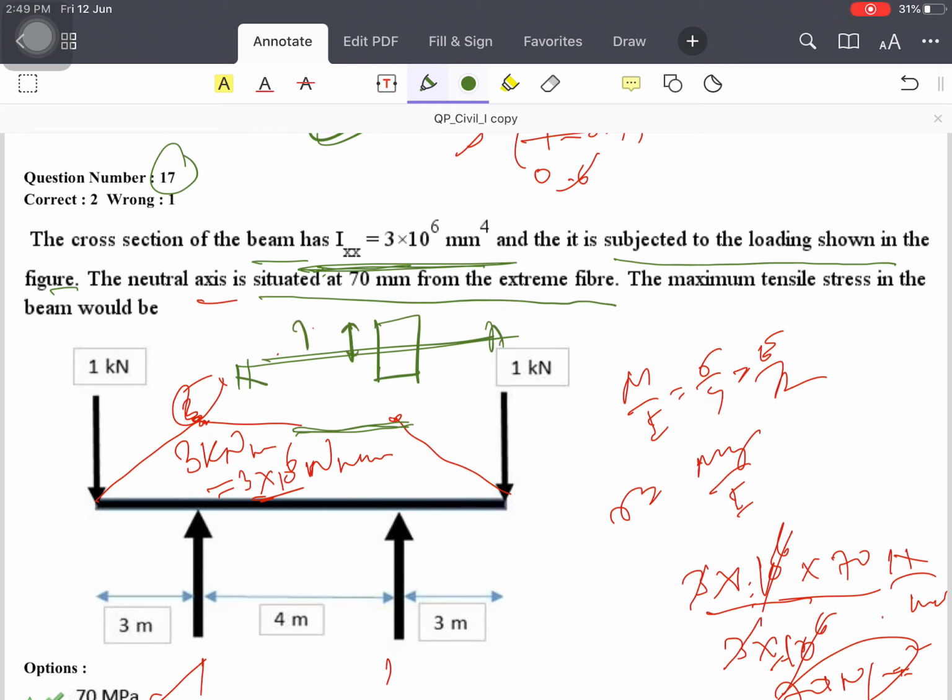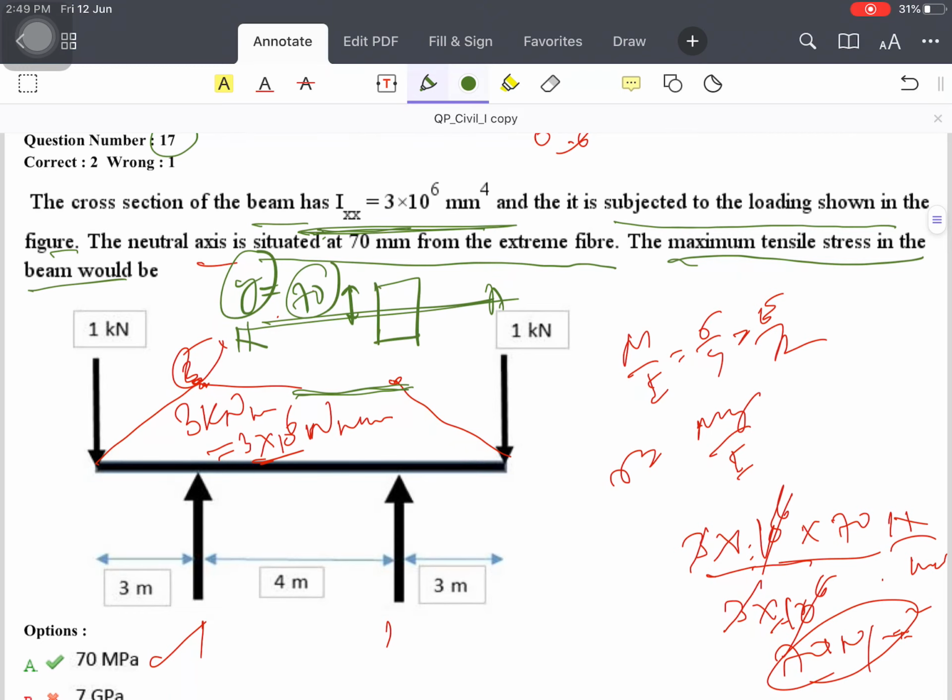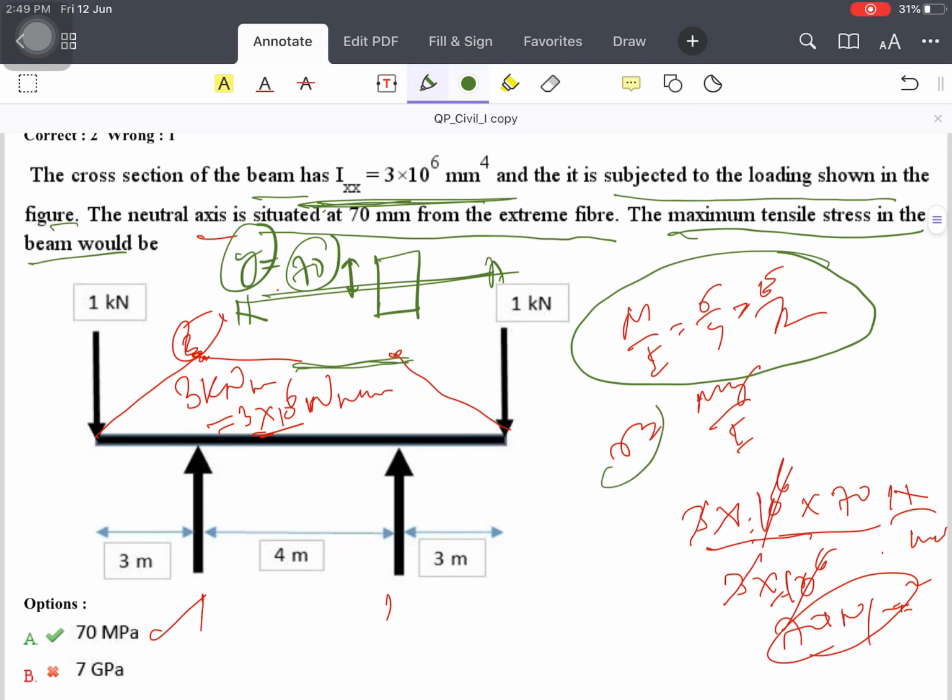This distance is 70 mm equals y. The maximum tensile stress in the beam would be, so we know this formula, M by I equals sigma by y equals E by R. From this we find sigma equals My by I. Value of I is given and y equals 70 mm. So we need to find M.